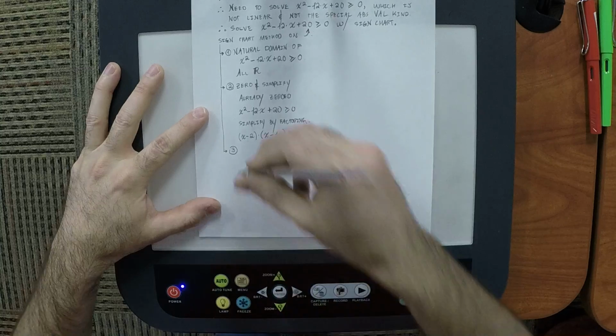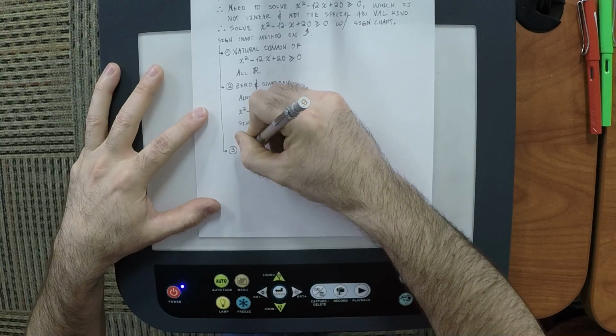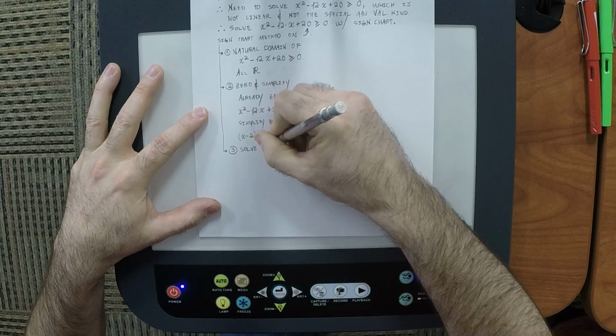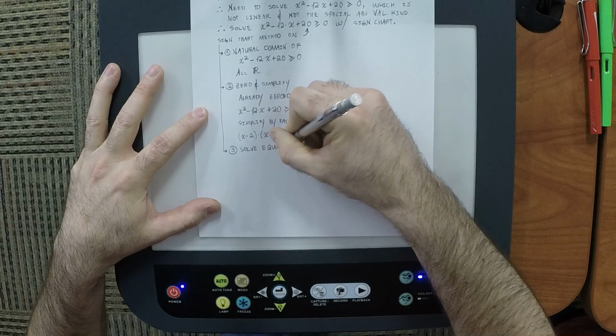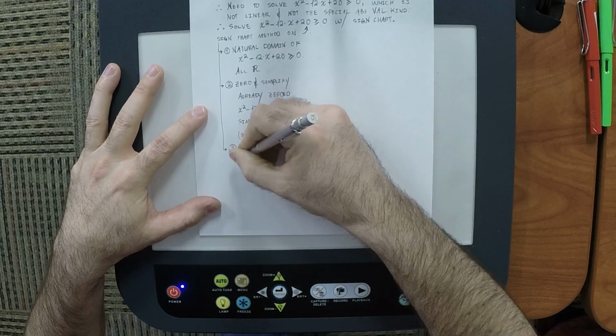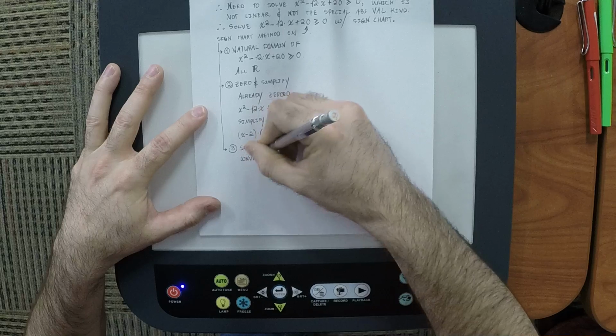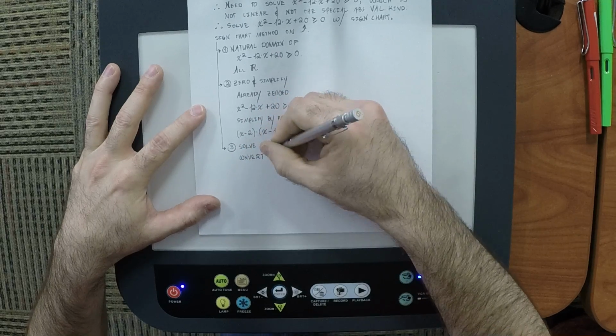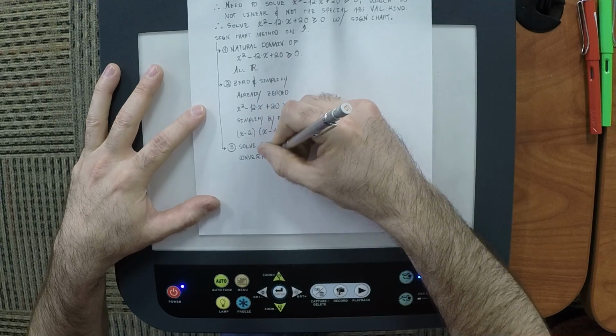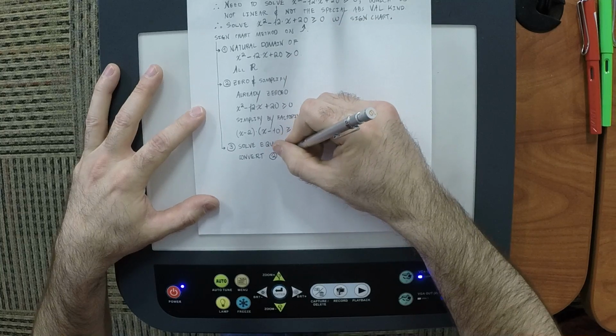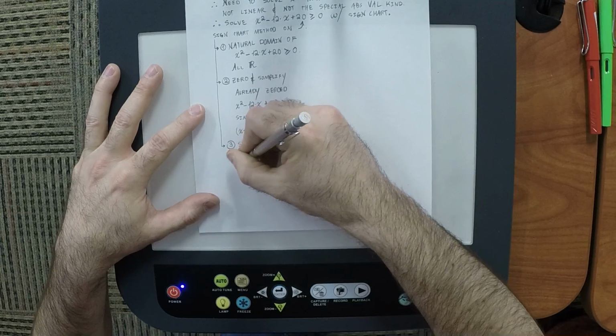Solve the equation. Yes? So in particular, we're going to convert the answer to item 2 to an equation and solve.